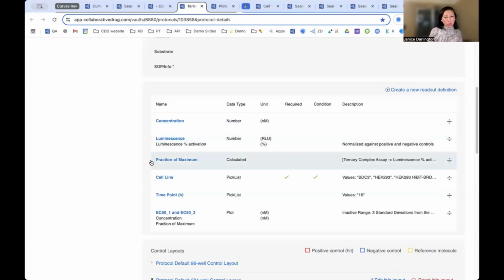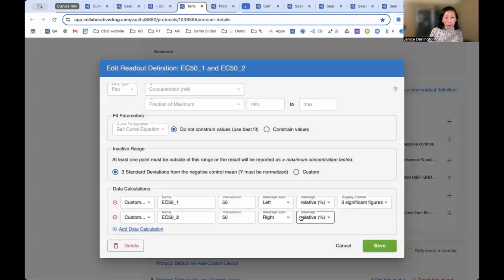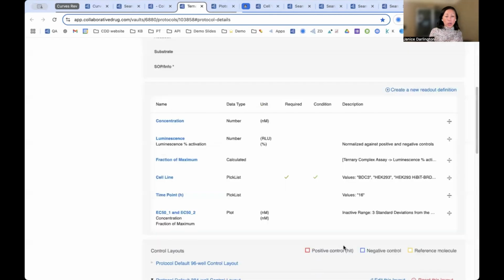And because of curves, we were able to take the concentration and the fraction of the maximum and use that in our plot definition to calculate both the left and right relative intercepts at 50%. You can also set a min and max here for your plot definition. We'll take a little bit of a closer look at it as we talk about my dose response assay.